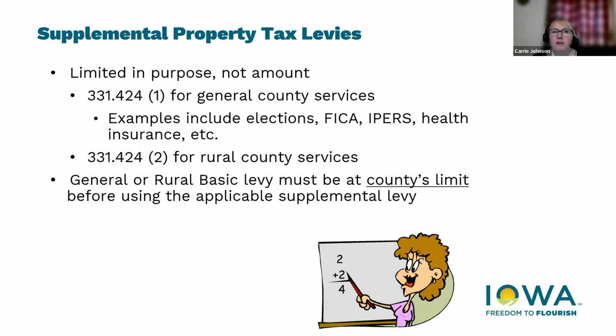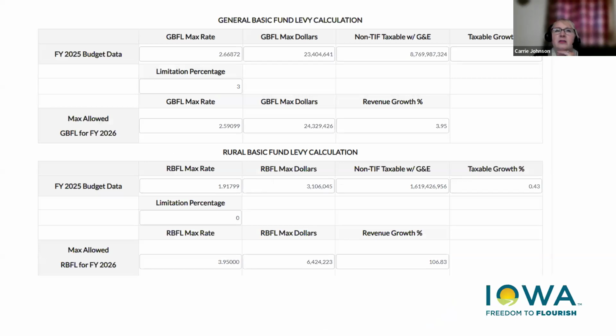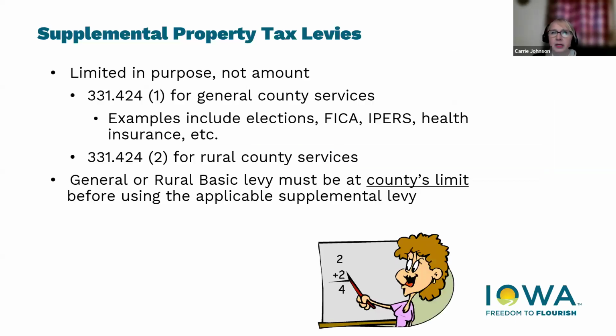So, for instance, if Dallas County wanted to use the general supplemental for their general rate, they would need to be at that $2.59099. So they would have to be at that rate in order to use the general supplemental.